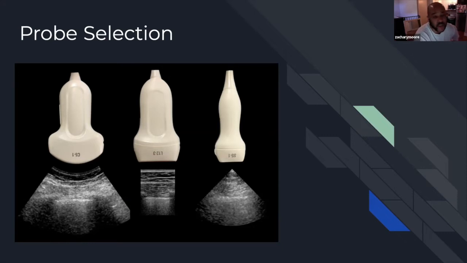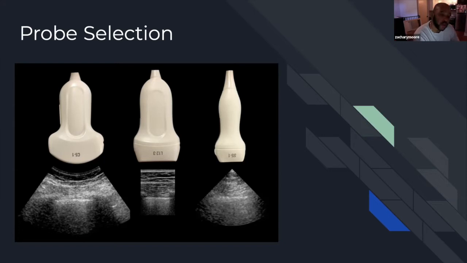Say you do find pathology and you want to see it in higher resolution, then you may switch to the linear. The linear probe is a higher frequency, about 3 to 12 megahertz. It only goes about 4 or 5 centimeters. But this is the one you go to if you want to see something in high resolution, close to the pleural surface, or even if you want to evaluate the ribs or the sternum for fractures.